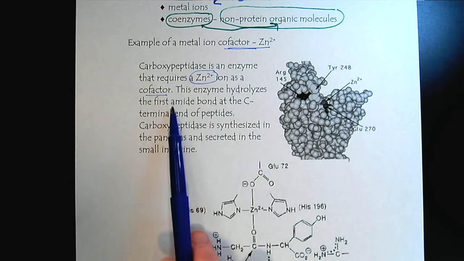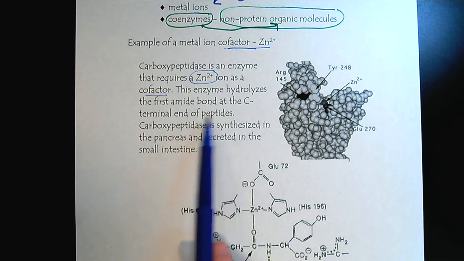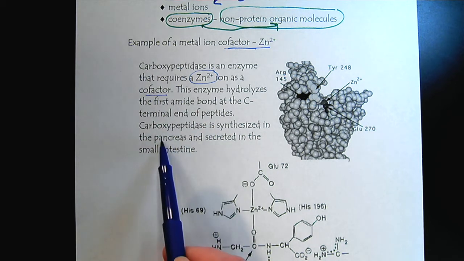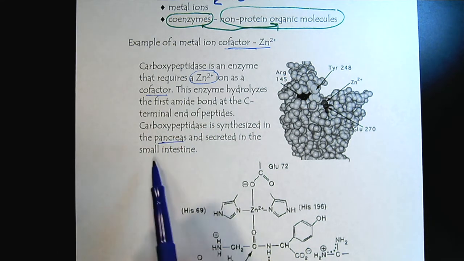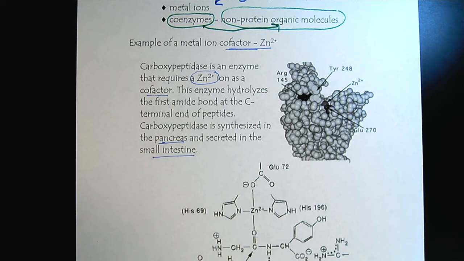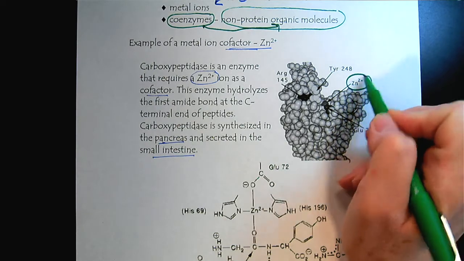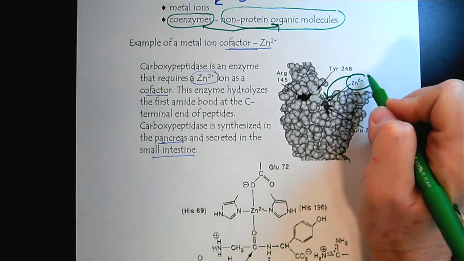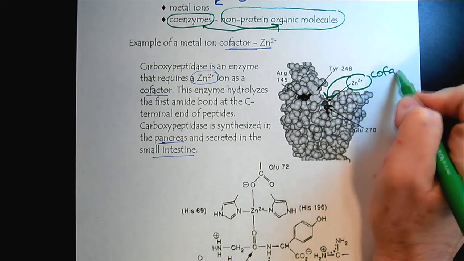This enzyme hydrolyzes the first amide bond at the C-terminal end of peptides, and it's synthesized in the pancreas, and we use it in our small intestine. And so the main thing here is the zinc, right? The zinc is the cofactor.